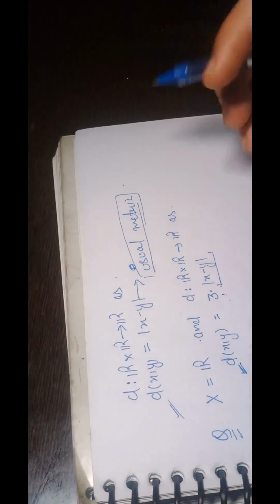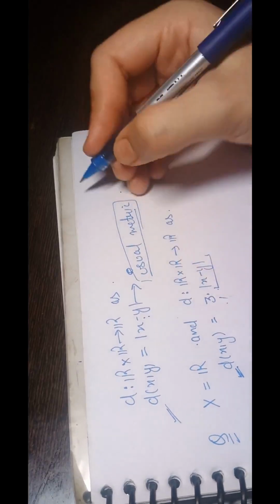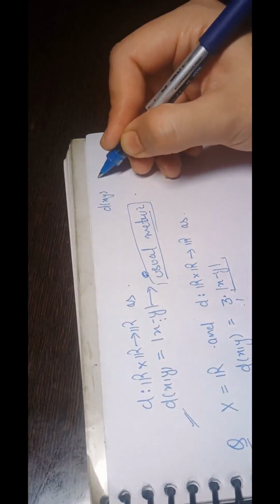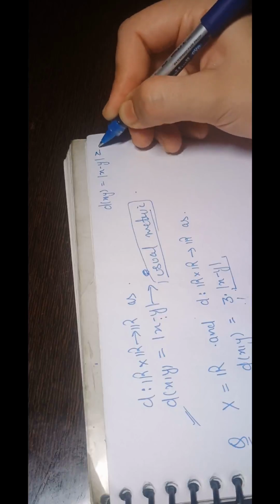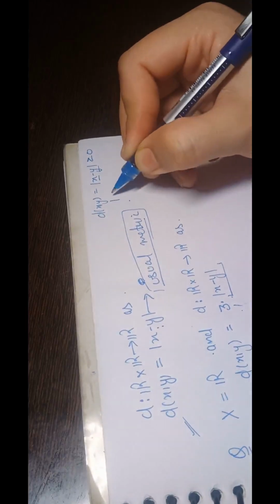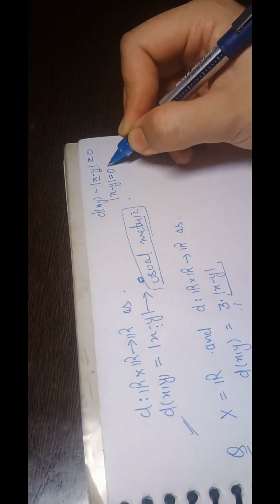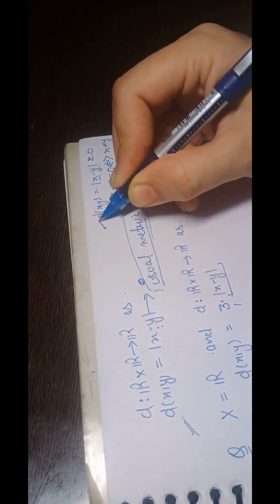Since the usual one was a metric, that means it satisfies all those four properties. That means mod of x minus y is always non-negative for every x and for every y. Moreover, mod of x minus y is 0 if and only if x and y both are equal.